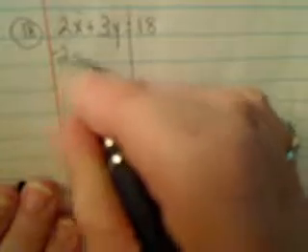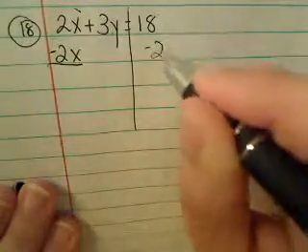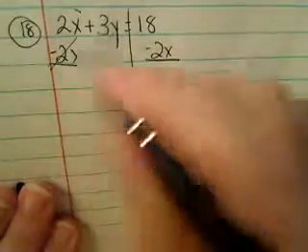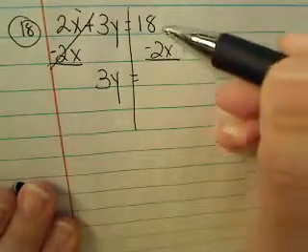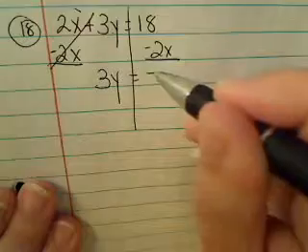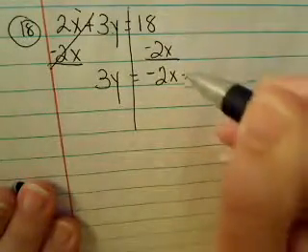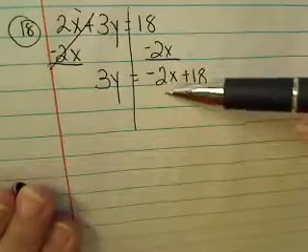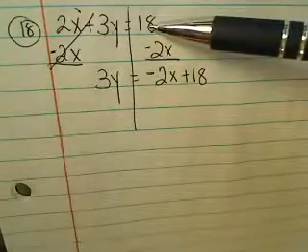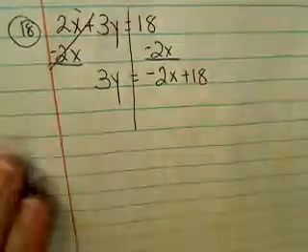So I'm going to subtract it from this side and from this side. So that gives me 3y equals, you can put either one of these first. I'm just going to put this one first. It was a minus, so I made it a negative. That's a positive 18, so I put plus 18.